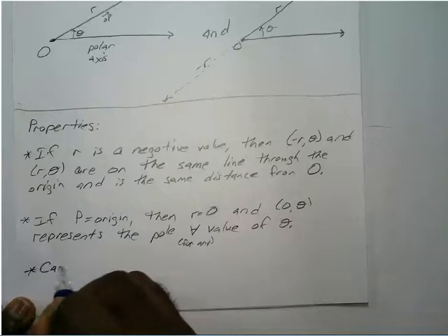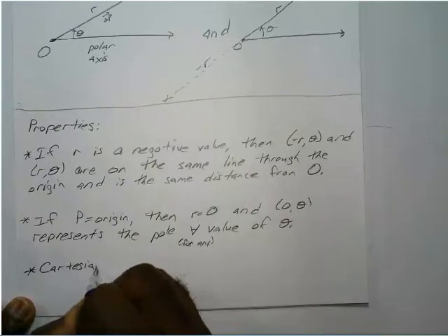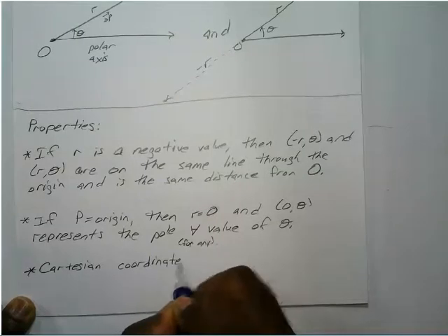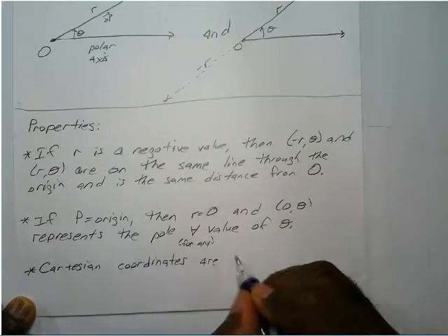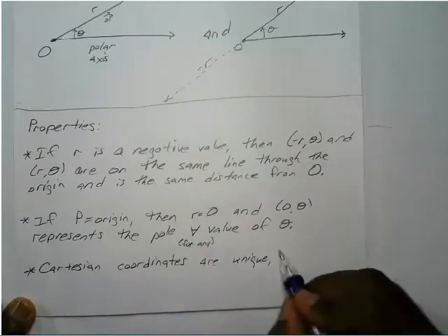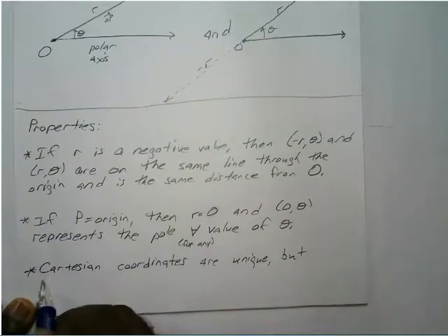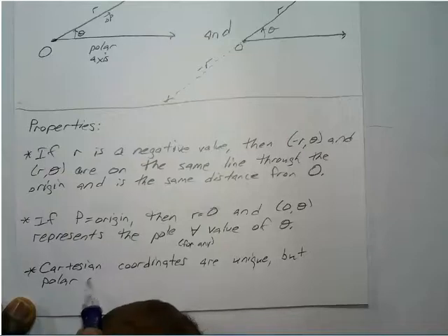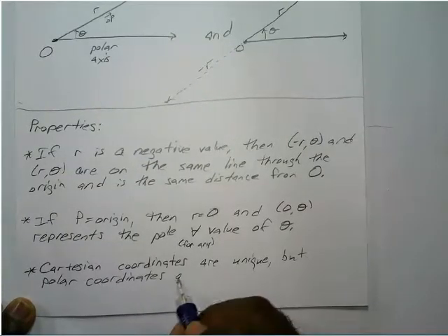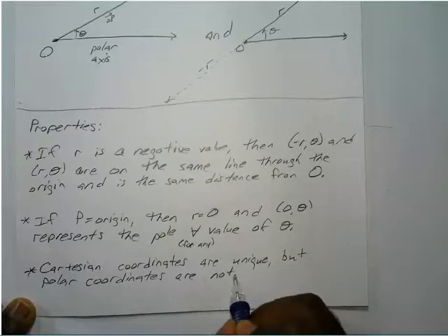So Cartesian coordinates are unique, but polar coordinates are not unique.